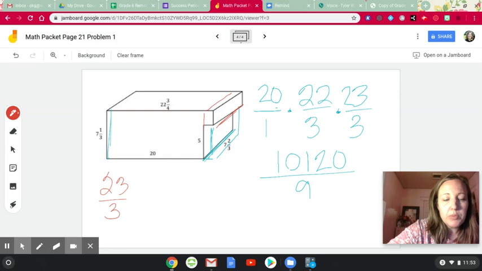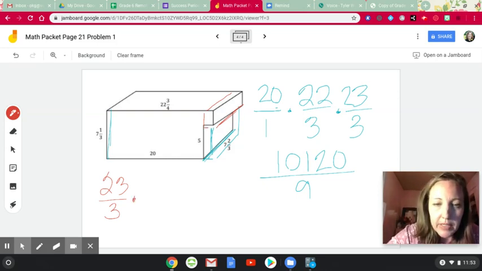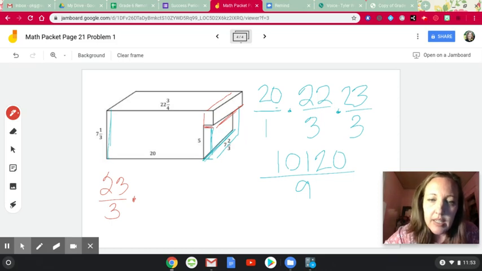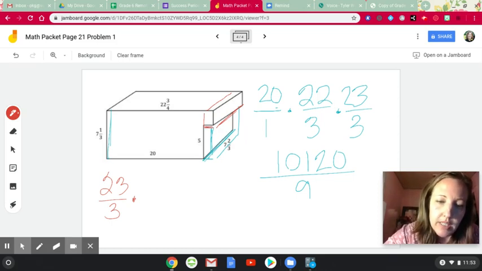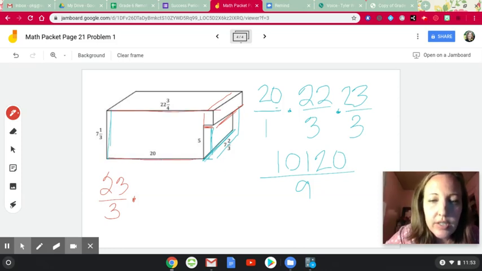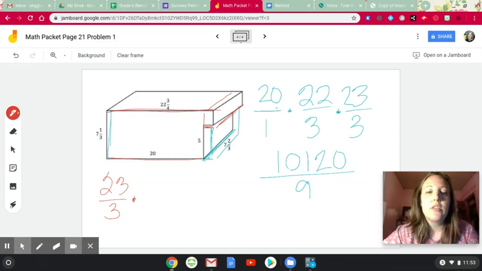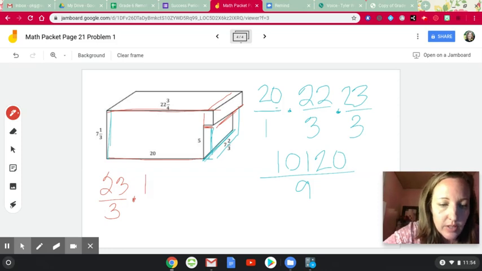And we can multiply these in any order because of the associative property, right? From here to here is 20. No, look, it's 20 here, and it's 22 3/4 to there. So how much longer is this than 20? 2 3/4, right? So 2 3/4 is the same as 11 fourths.